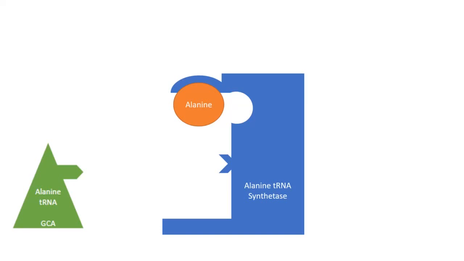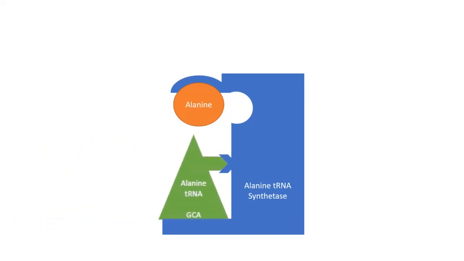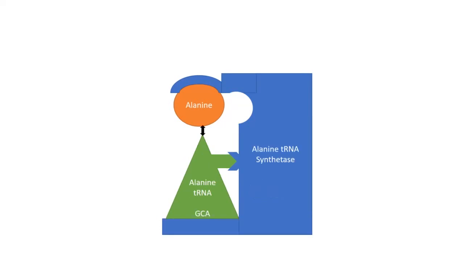The enzyme also contains binding sites for the tRNA, in this case the alanine tRNA. It binds both according to the shape, and you see that with the arrow-shaped part of the tRNA, and with its anticodon. The base of each tRNA is an anticodon that fits the codon for that amino acid.